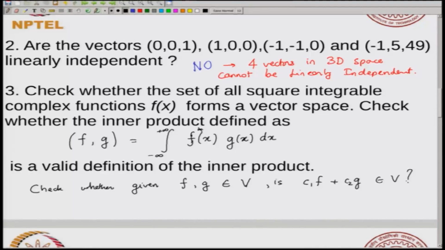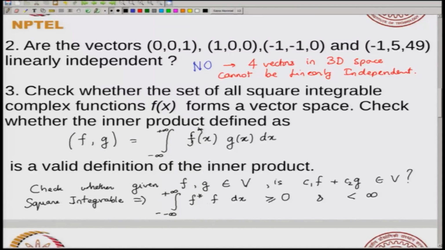Now, a square integrable function in a complex space satisfies: square integrable implies the integral of f star f dx, and we will just take a one dimensional space, from minus infinity to plus infinity, is greater than or equal to 0 and less than infinity.